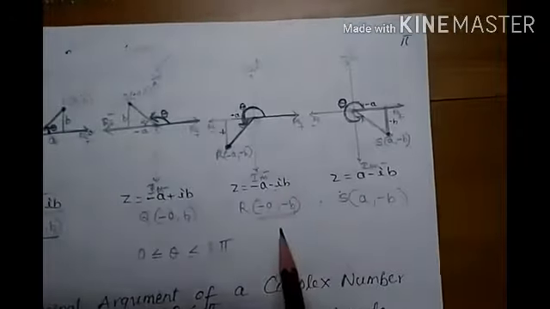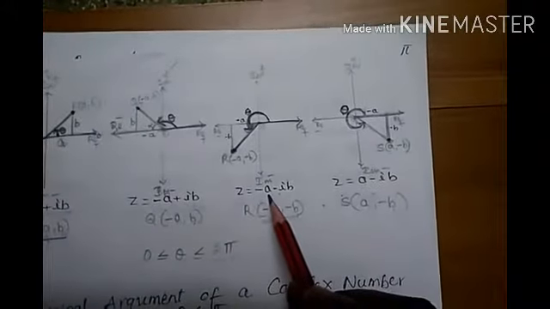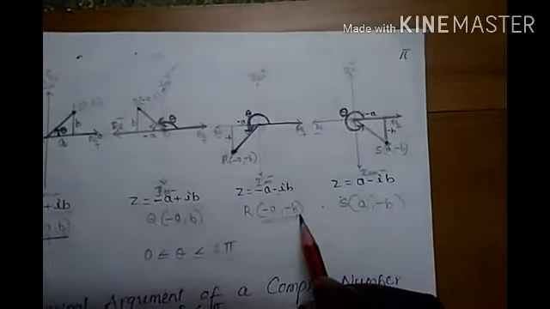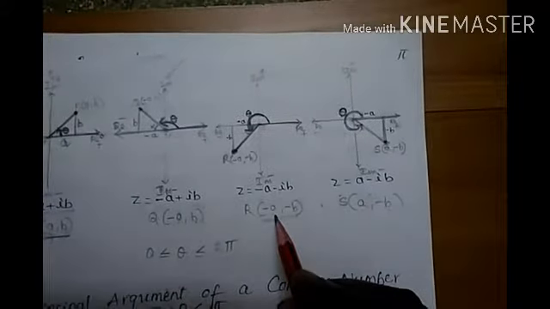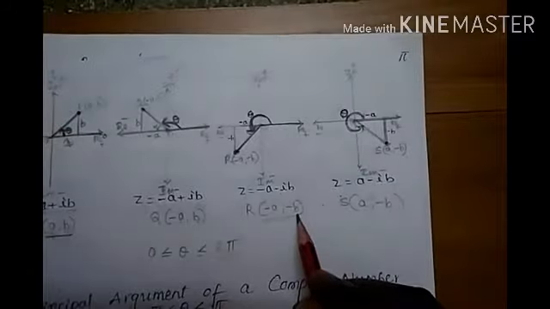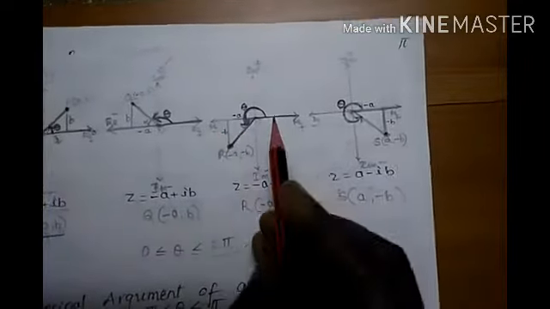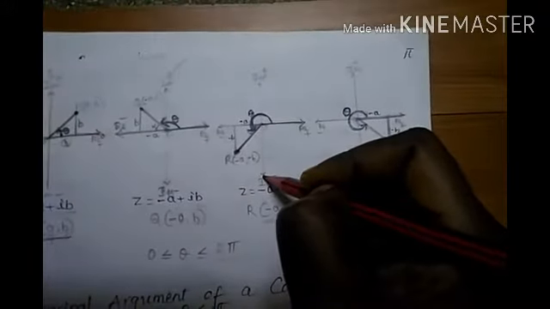Now consider Z equal to minus a minus ib. The point is (minus a, minus b). Here both real and imaginary parts are negative, so take the negative real axis and negative imaginary axis.